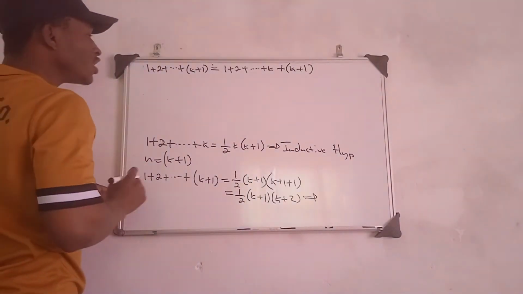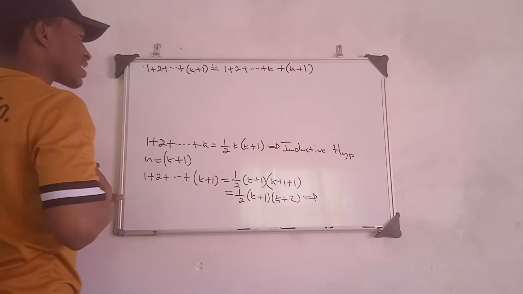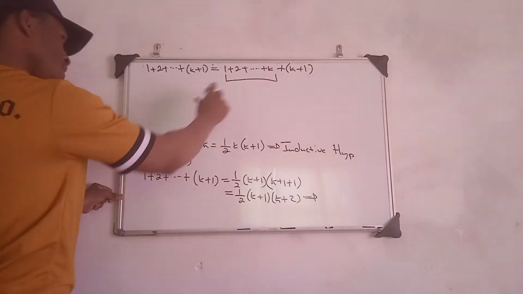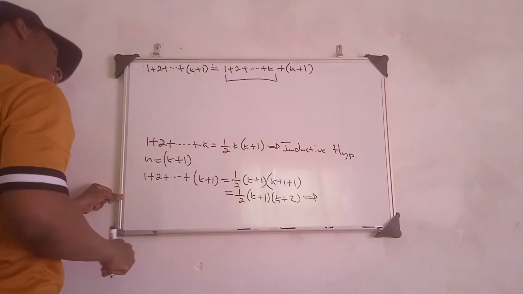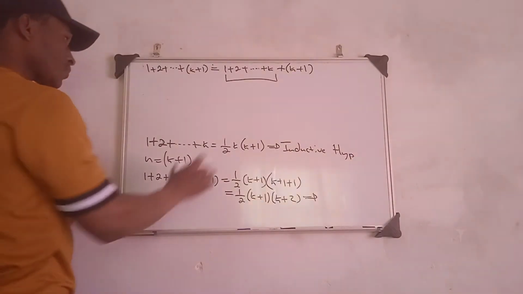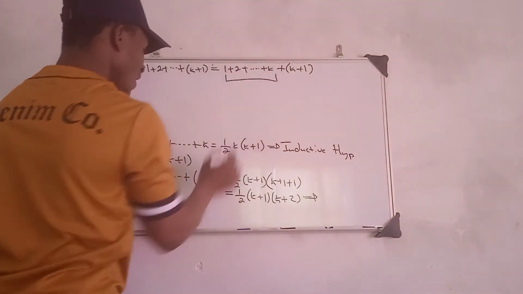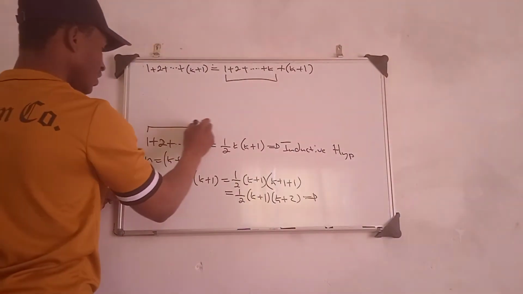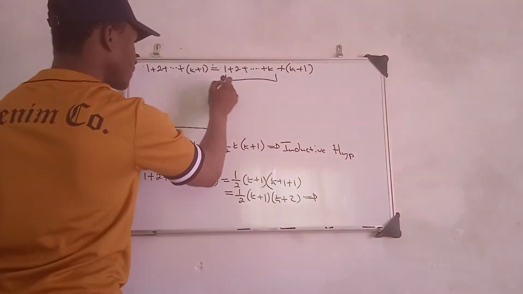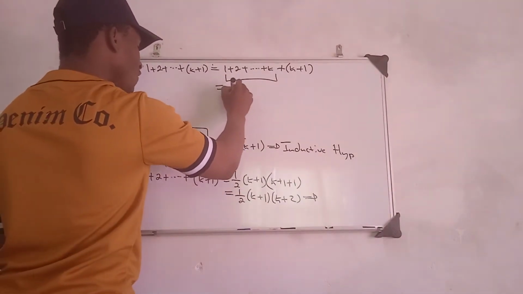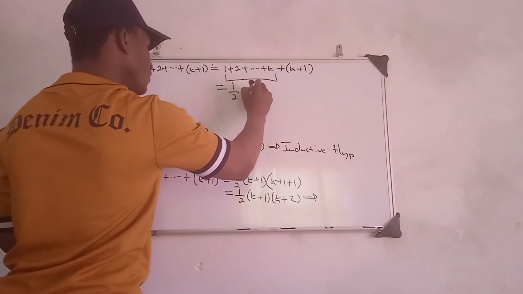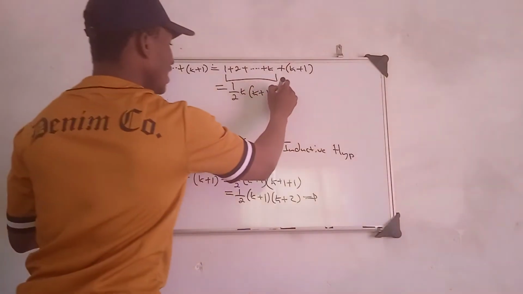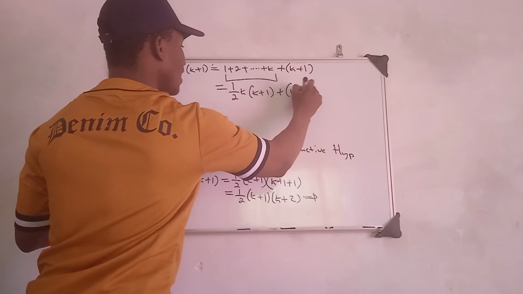But according to our inductive hypothesis, we have this. And this part is equal to what? That part is this part, and is equal to this thing. So it is 1 over 2, k plus 1, plus k plus 1.